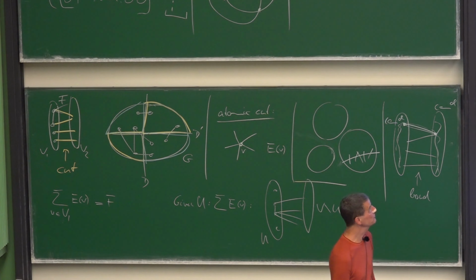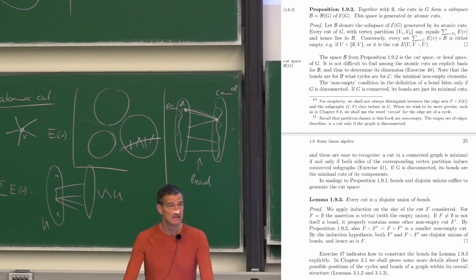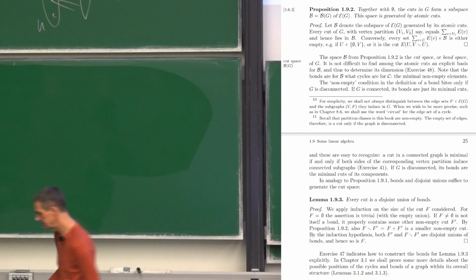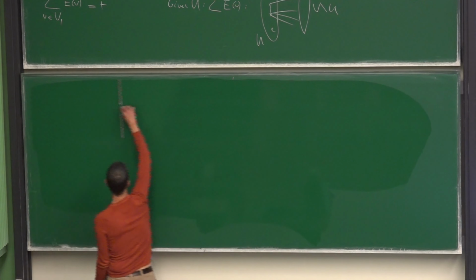Now, let's prove for cuts what we proved for cycles, namely that every cut is not only generated by the bonds, but is in fact a disjoint union of bonds, right? So remember the proof that we had for the cycle space. What did we do?